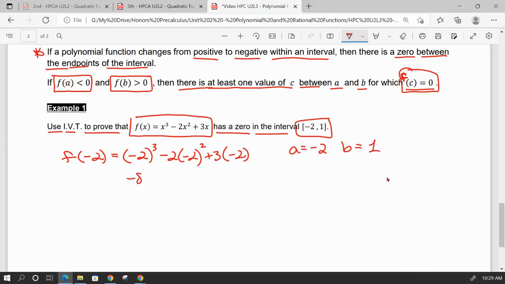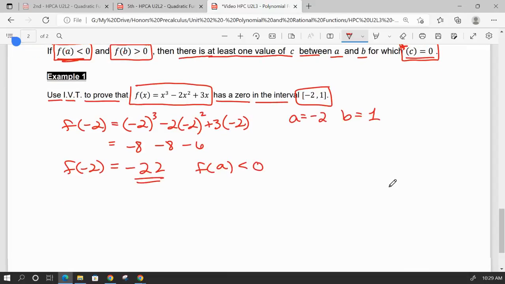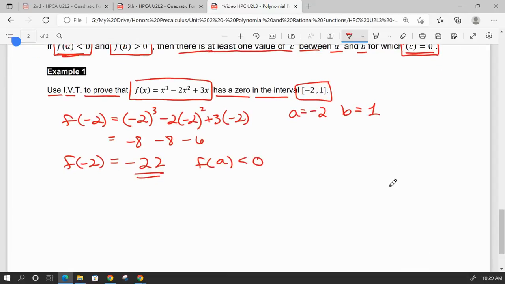Simplify that, so we get -8, -8, -6. So we get negative 22. So f of -2 is negative. So this f of a is less than 0. So that fulfills the first part of our theorem.